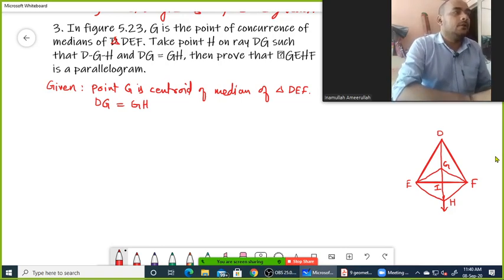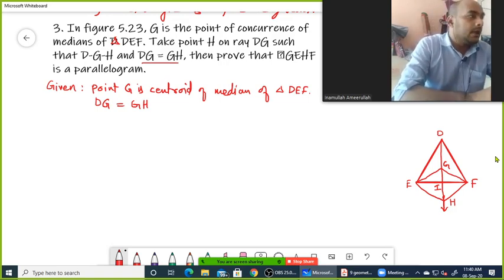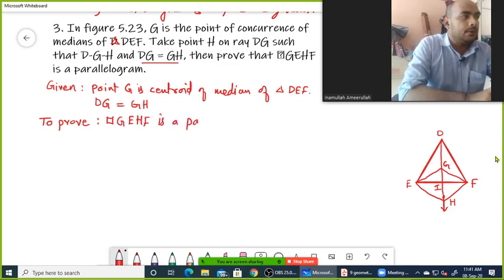According to the question, point G is the centroid of triangle DEF, where DG and GH are equal. So this is the given information, and we need to prove quadrilateral GEHF is a parallelogram.